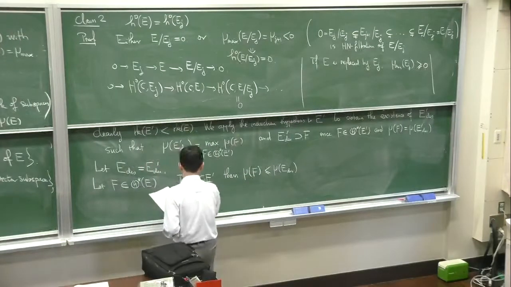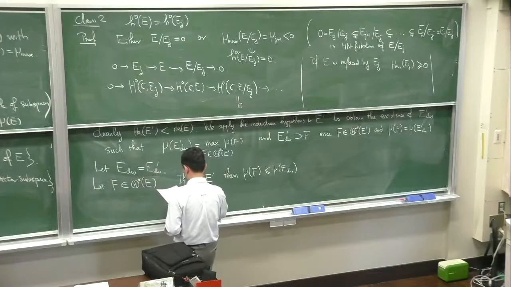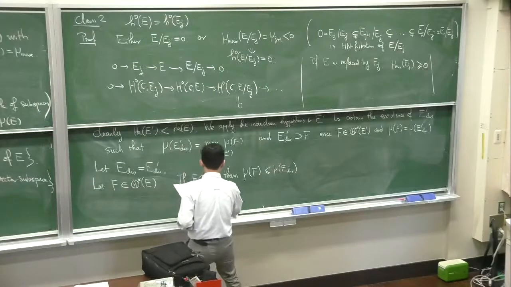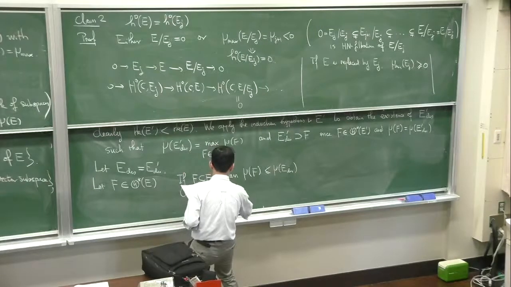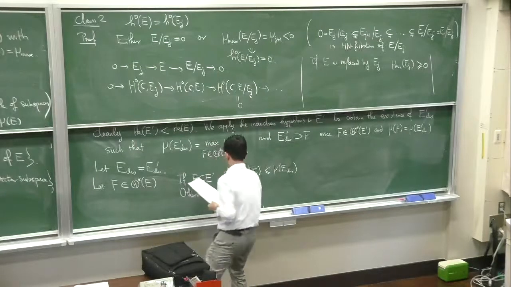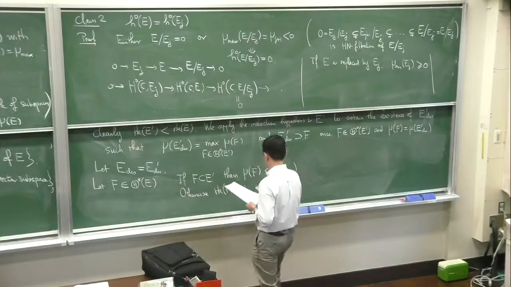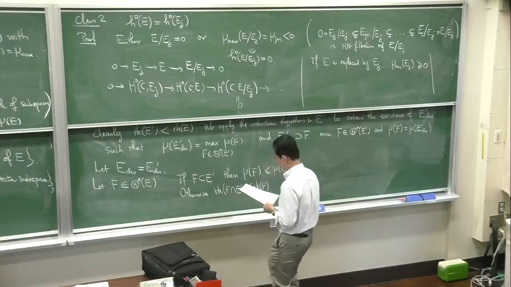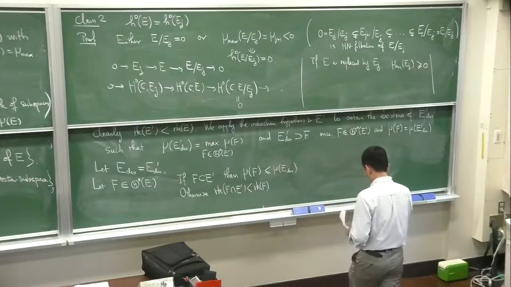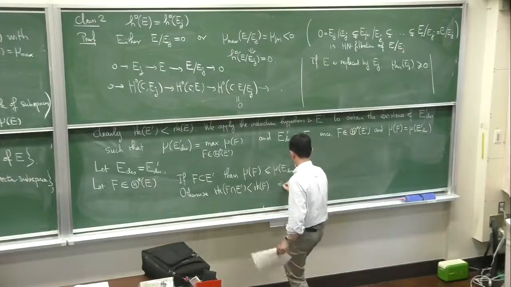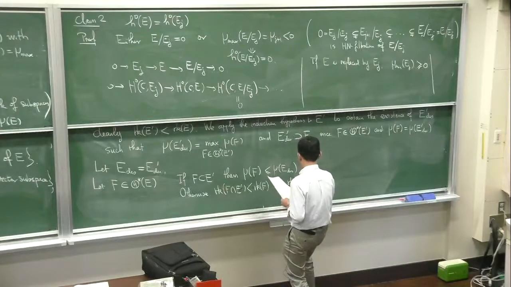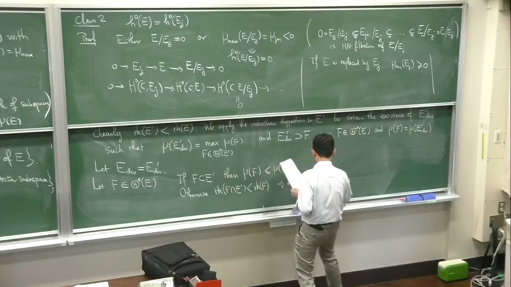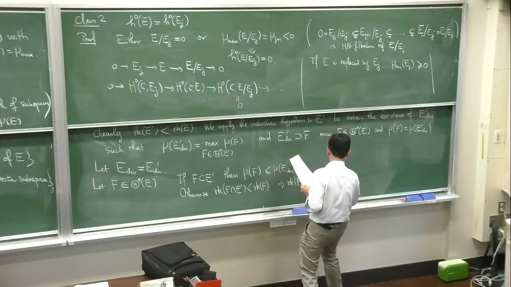So otherwise, f is not included inside E prime. So the rank of f intersection with E prime is smaller than the rank of f. And so this will imply that the rank of f plus E prime will be bigger than the rank of E prime.